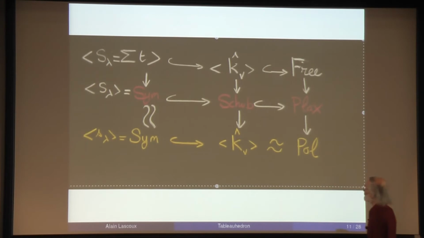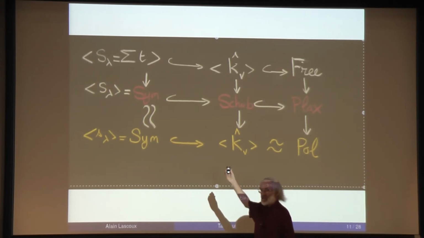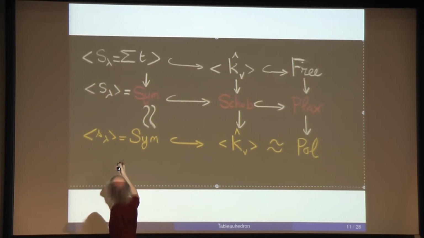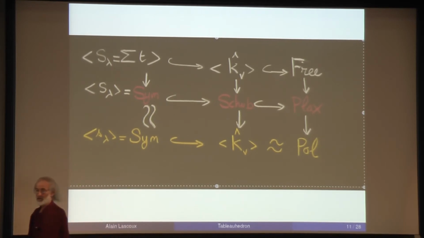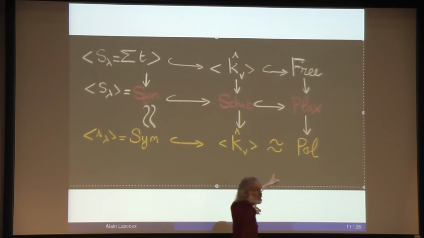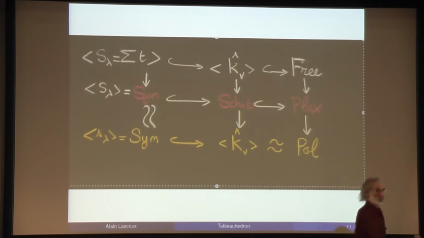Then the module generated by Schur functions is really a ring. That's to say, this construction embeds the ring of symmetric polynomials into a non-commutative algebra, which is the plactic algebra.